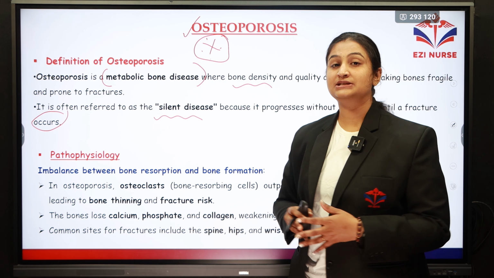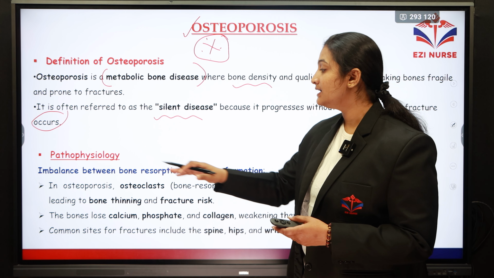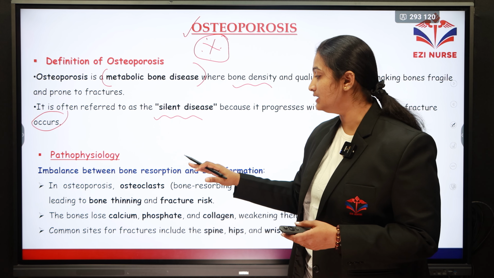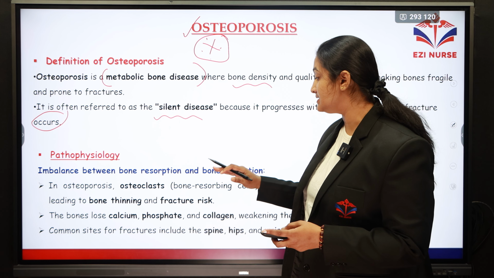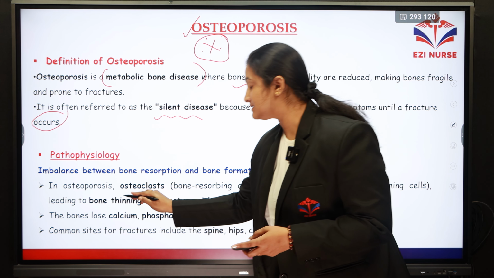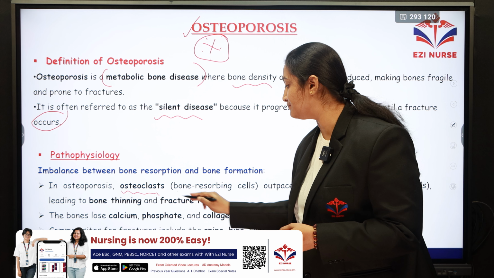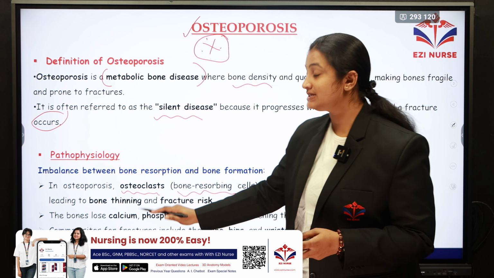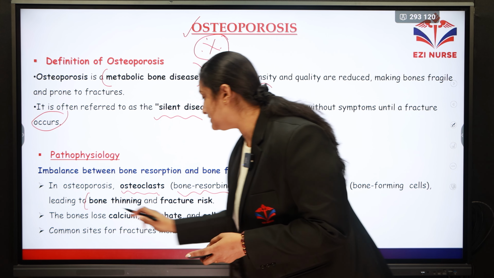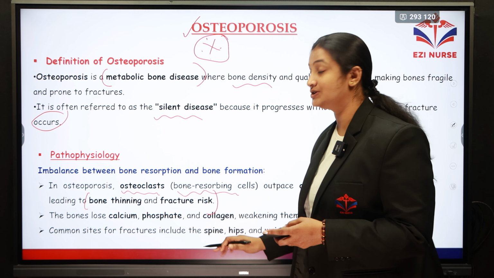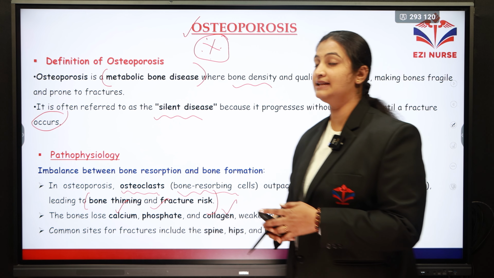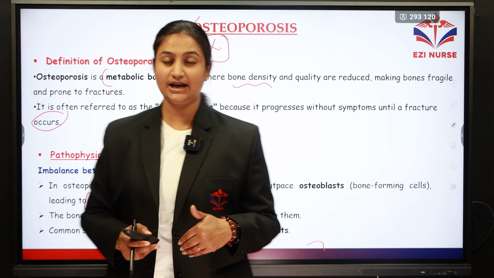Then coming to the pathophysiology, there's an imbalance between bone resorption and bone formation. That is, osteoclasts, the bone resorbing cells, lead to bone thinning and the fracture risk. Then the bone loses calcium, phosphate as well as collagen and gets weakened. So that's your second point.